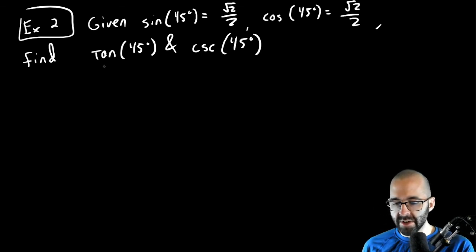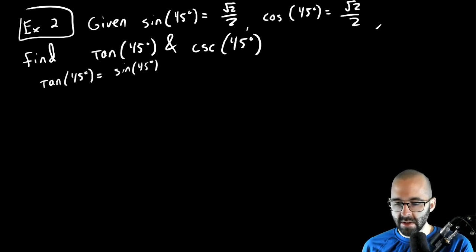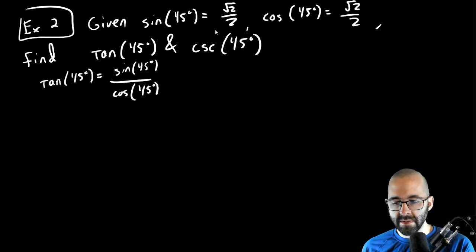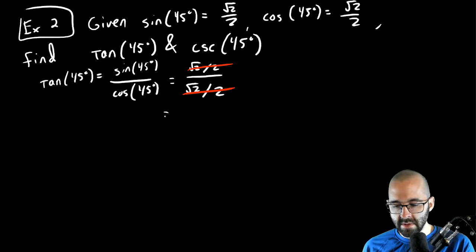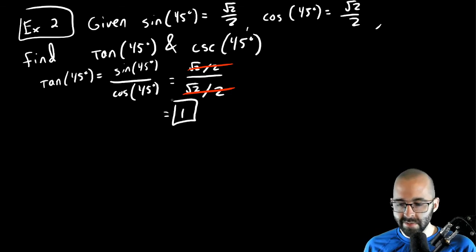So tangent of 45 degrees is the sine of 45 degrees divided by the cosine of 45 degrees. Well, sine and cosine are the same thing. It's equal to 1, right? Root 2 over 2 divided by root 2 over 2. That's the same thing. Cancels out completely. Tangent of 45 degrees is 1.